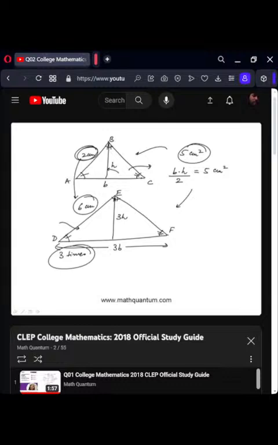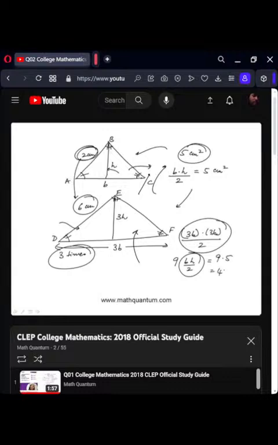So the height also is in the same proportion for similar triangles, which means the area of this triangle would be 3 times base times 3 times the height of that triangle divided by 2. This is what we're looking for, and you notice that this is 9 times BH over 2, which is the area of this triangle, so the area of this triangle would be 9 times 5, or 45 square centimeters.